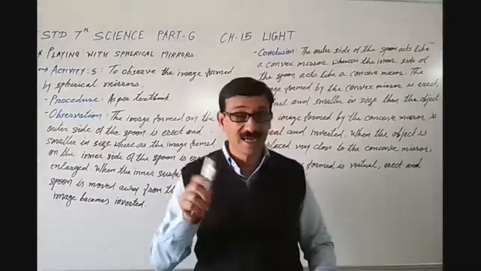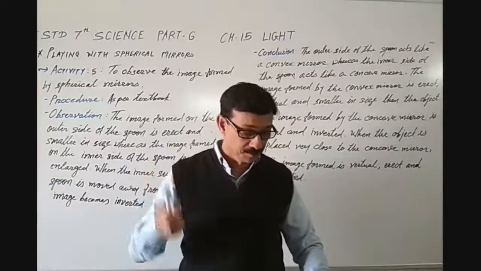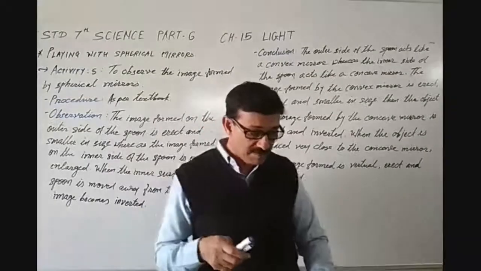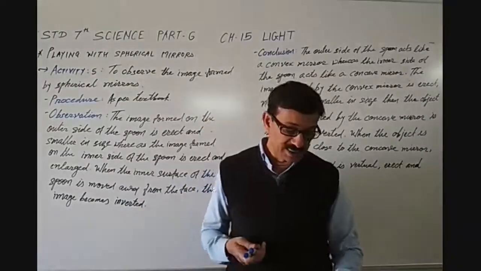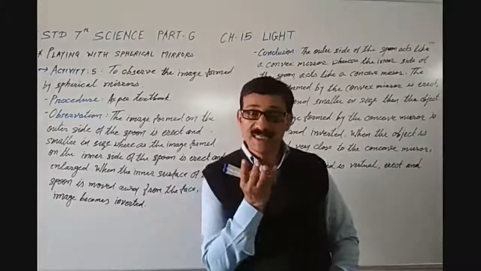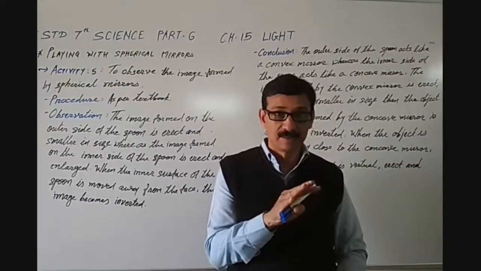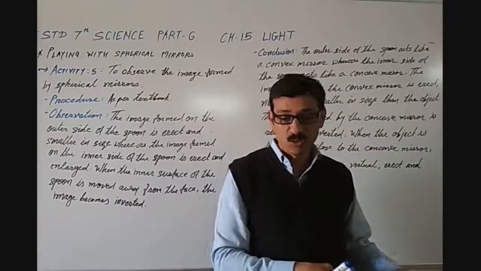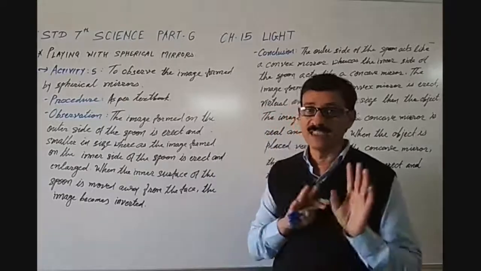It is erect and of the same size, and is at the same distance from the mirror as the object is in front of it, and the image is laterally inverted. That is what we discussed in the last some parts.